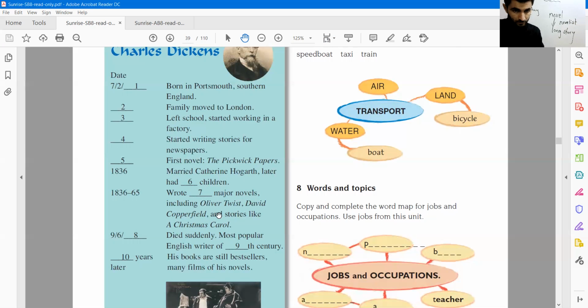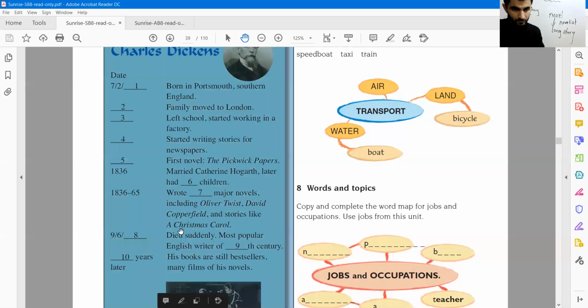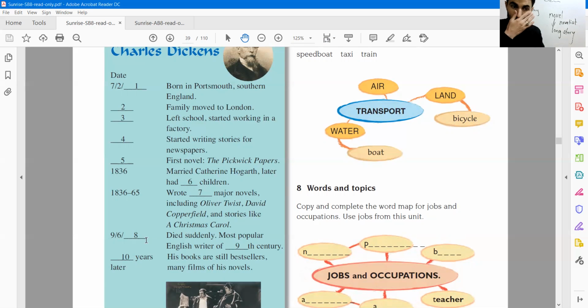He also wrote lots of stories, including A Christmas Carol. Dickens had enormous energy and worked extremely hard at everything he did. He died suddenly on the 9th of June 1870 at the age of 58. He was the most popular English writer of the 19th century. Today, 130 years later, his books are still bestsellers, and there are many films of his novels.